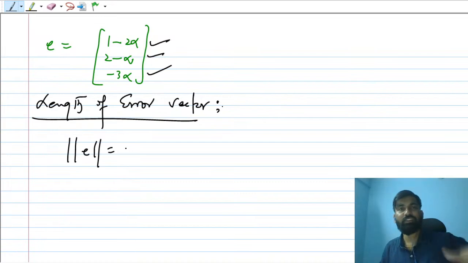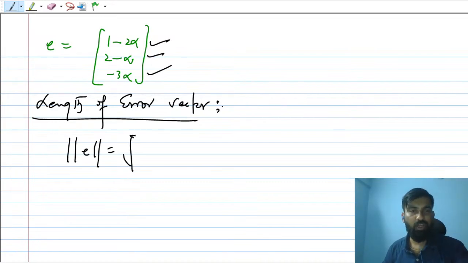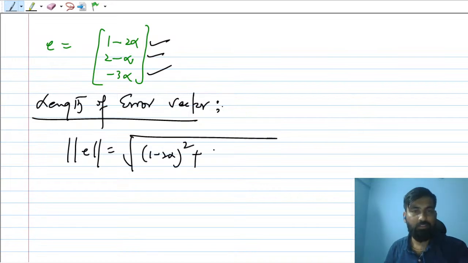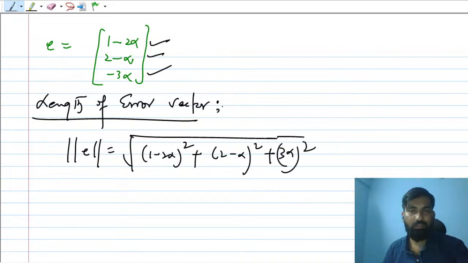You need not find the E transpose and then multiply. Directly you can take the square root of squares of the components. The first component is (1 minus 2 alpha) square plus (2 minus alpha) square, and this minus sign vanishes if you take the square. Okay, so now we can find this.